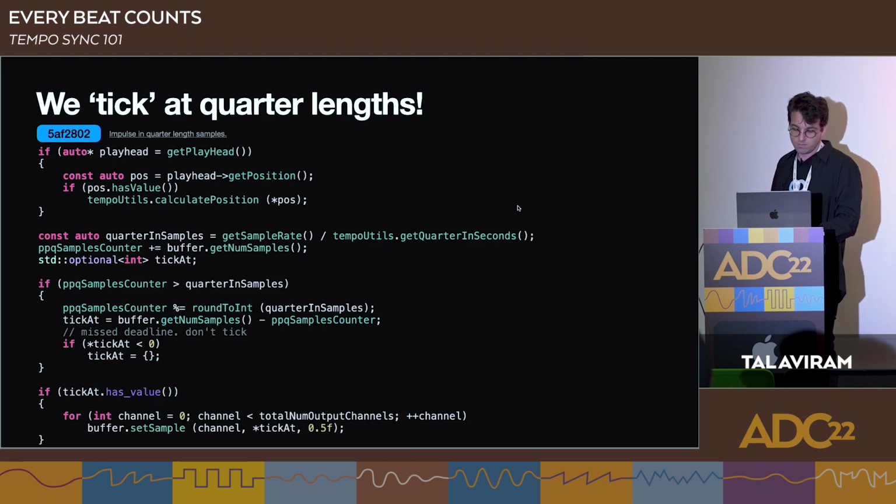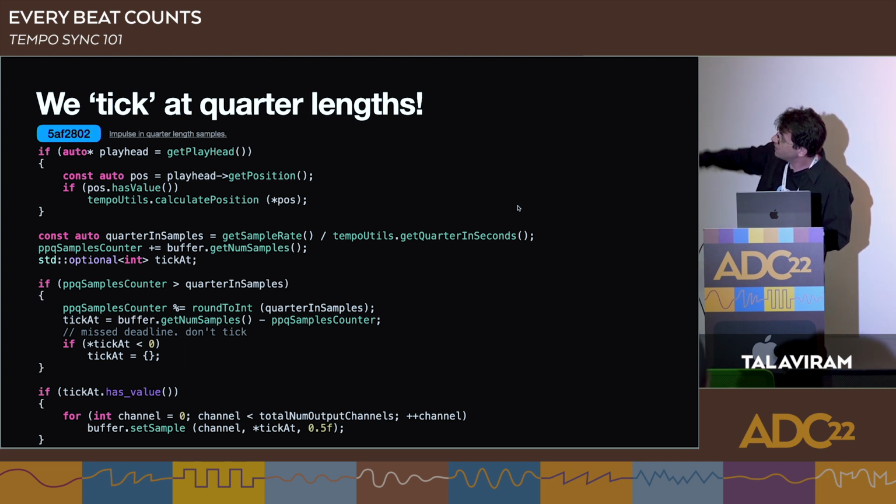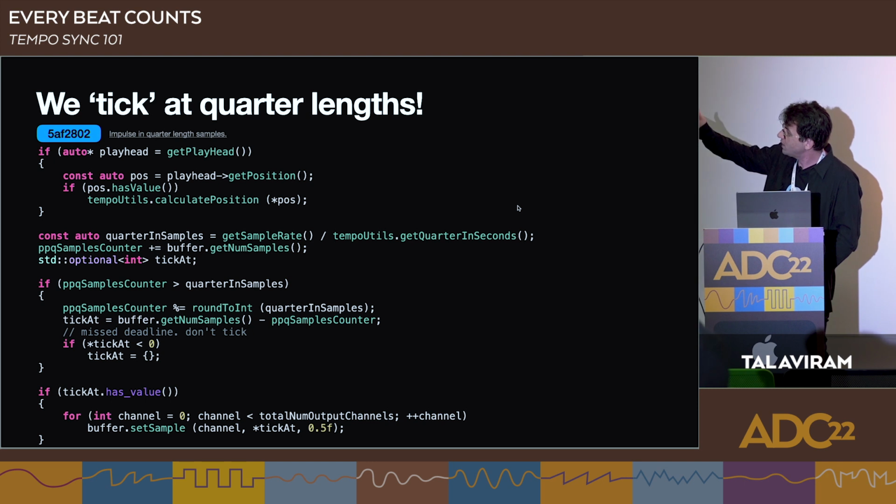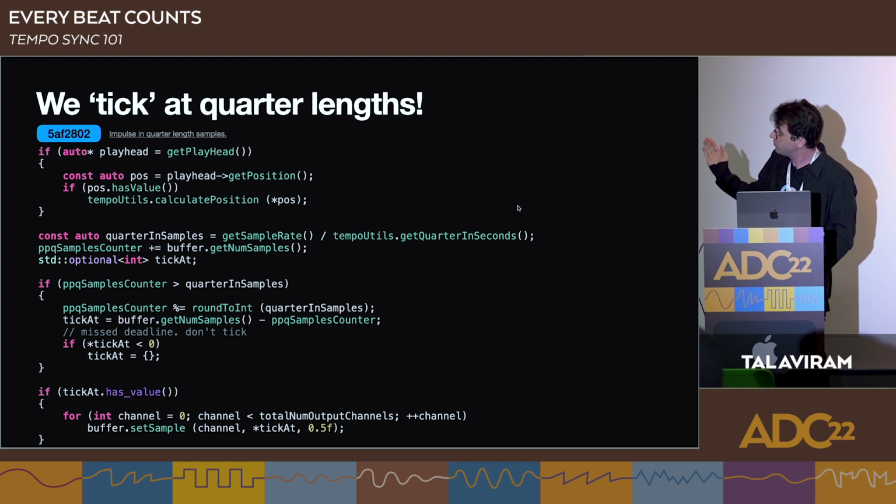So now, again, we got displayed. This is the process block, our processing callback. We get those values, and then we calculate the quarter into samples, but in the previous one we had this in seconds, so now we just make it sample rates. And we simply move a counter.